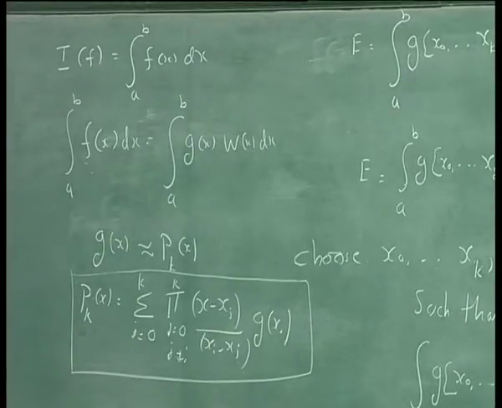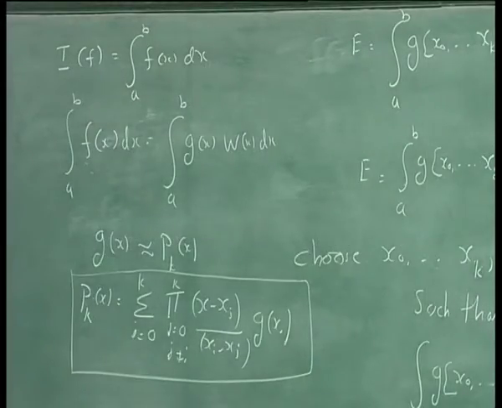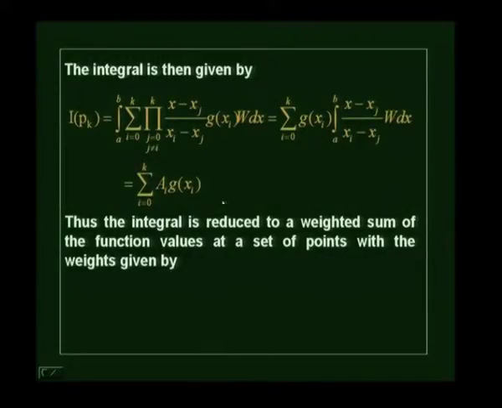Once we construct that, the integrals of this are obviously given by these quantities. So, the integral I of pk of x is the integral of this, which can be written in this form: I of pk of x is given by the sum i going from 0 to k and the product j going from 0 to k of x minus xj by xi minus xj, now with a w here, and g of xi dx, by definition of I. The integral is now defined with this weight w of x dx.